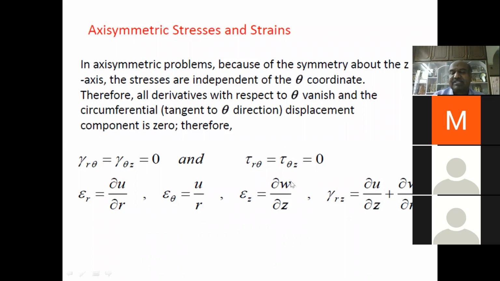Then the axial strain is dou w by dou z, and the shear strain in the r z plane is dou u by dou z plus dou w by dou r. These are the four strains. Correspondingly, you have sigma r, the radial stress, sigma theta, the tangential circumferential stress, then sigma z, the axial stress, then shear stress tau r z.